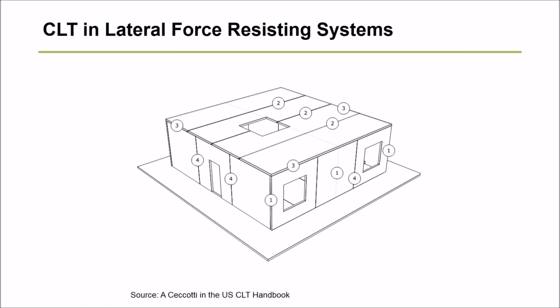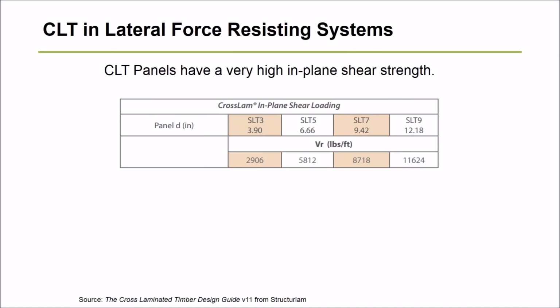So first off, CLT itself is a very strong panel for in-plane capacities. These are some values from a manufacturer's design guide where they give the in-plane shear strength of their panels themselves. Right now you won't find these capacities in the PRG 320 standard. The testing of the in-plane shear strength has been standardized, creating a more uniform testing protocol since 2012 when that standard was created.